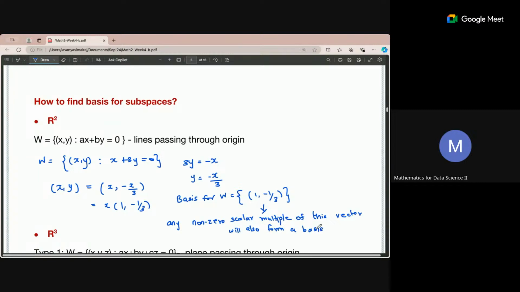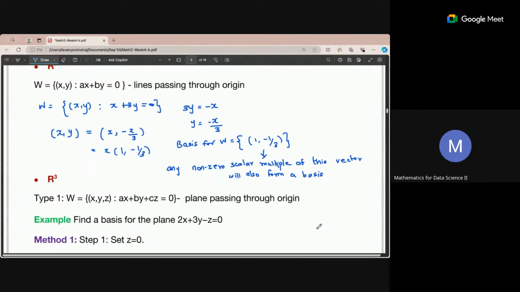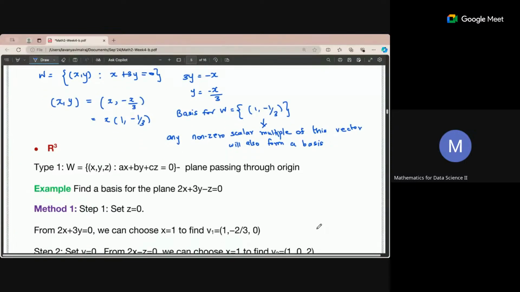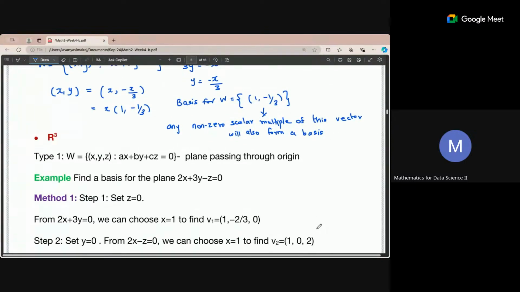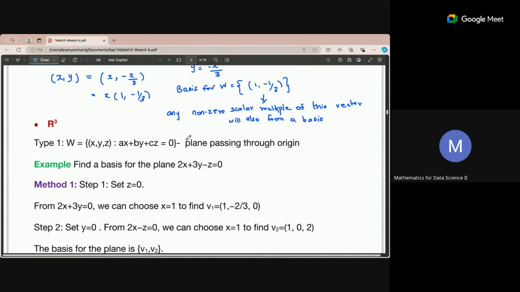Okay, fine. So now let's move on to R3. In R3, if you are given only a plane passing through the origin, you know that the equation is given by the set of all (x, y, z) with ax plus by plus cz equal to 0. So now for this scenario, how are we going to find a basis?